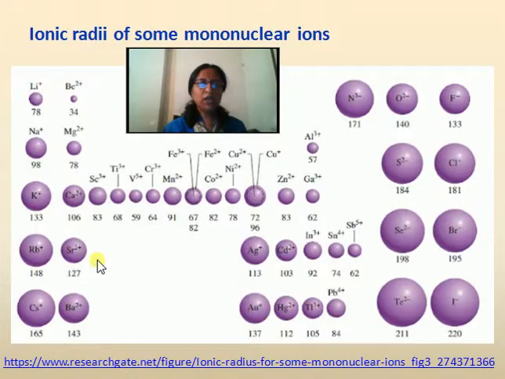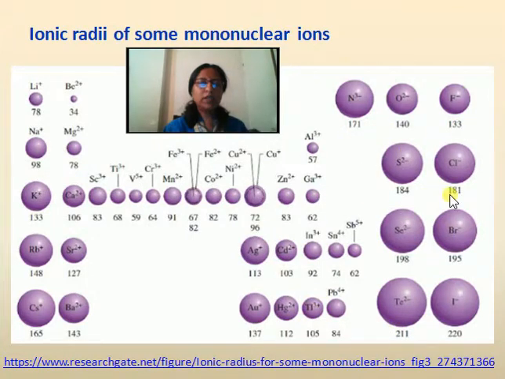So here also the atomic and ionic radii of some of the elements are presented. In the left part of the periodic table the metals are present, so cations are formed here, and on the right side where there are non-metals, the main ions formed are basically anions.